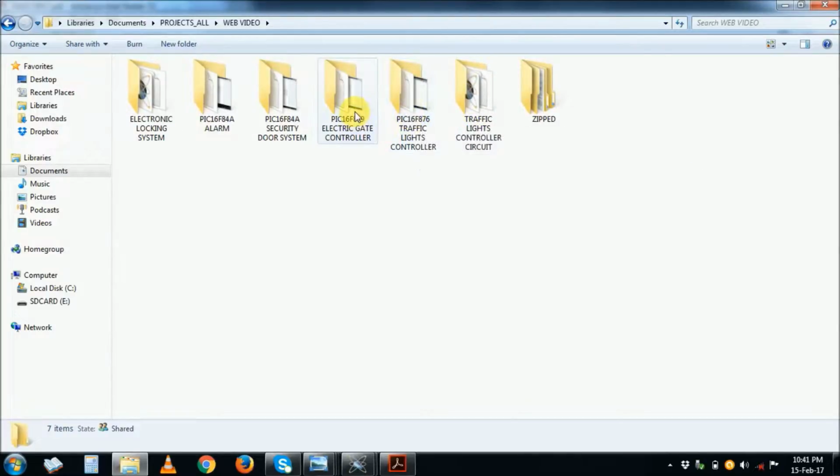I have not really a prototype, but a controller I've done on this one, the gate controller. The alarm I've done. The locking system I did a very long time ago, I think it was 2002. So I am sure you will enjoy.